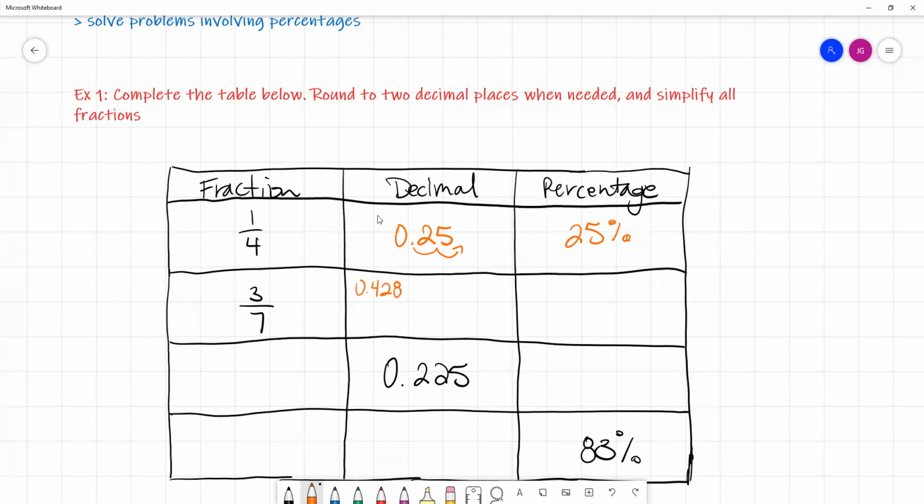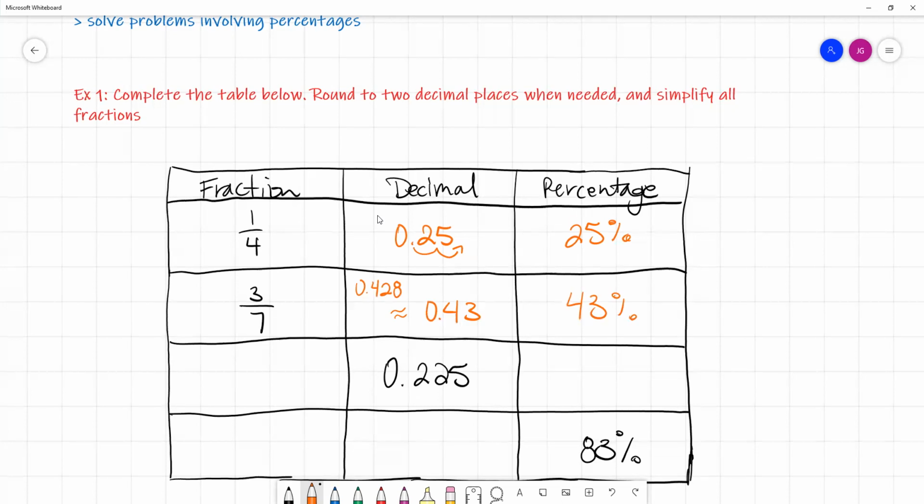So in this case, this is actually going to give us 0.43. Then from there, we just convert to our percentage form. We move the decimal place twice over to get 43%. It's not exactly 43%, but since we're rounding to two decimal places, it'll be 43%.